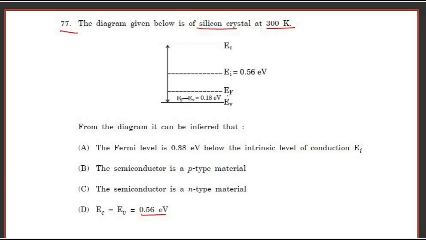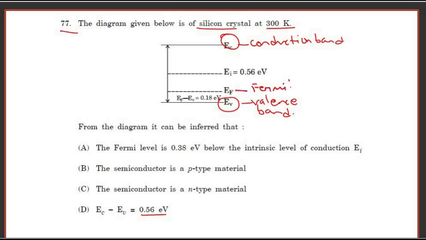Here, EV is the valence band, EC is the conduction band, EF is the Fermi level, and EI is the difference between that level. For a pure semiconductor, EI is equal to EV plus EC divided by 2.